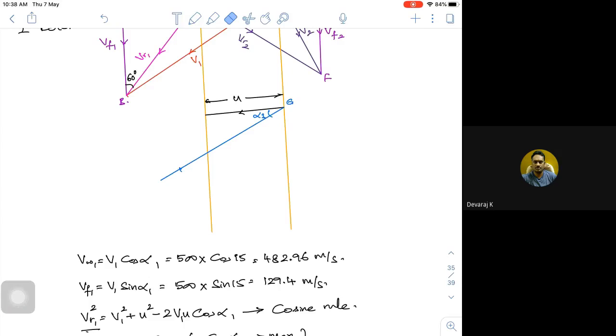So from this point, if I call that H, you join this. So what will be this one? This will be your VR3. This will be your V3, and draw a horizontal and vertical.